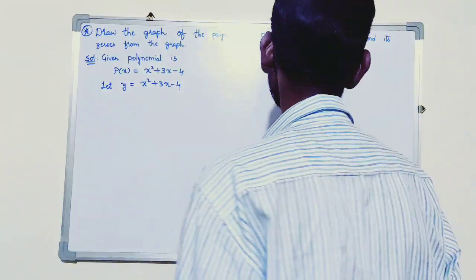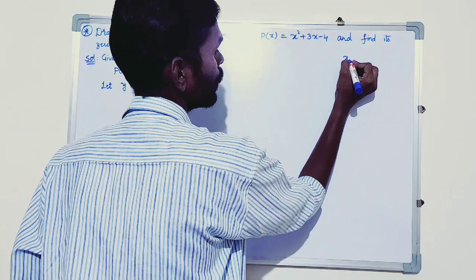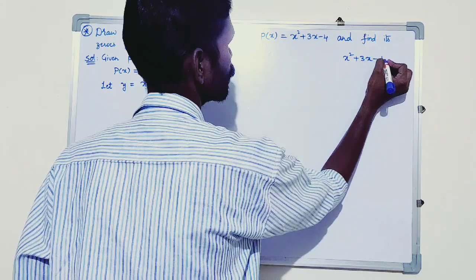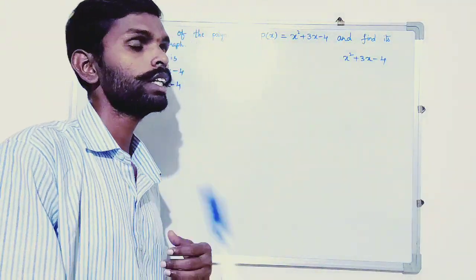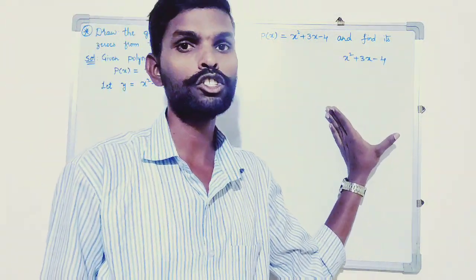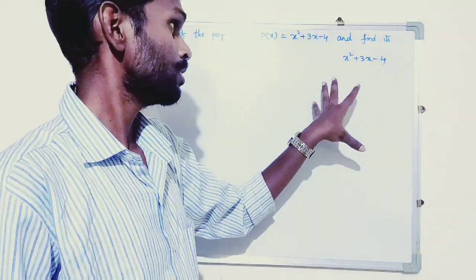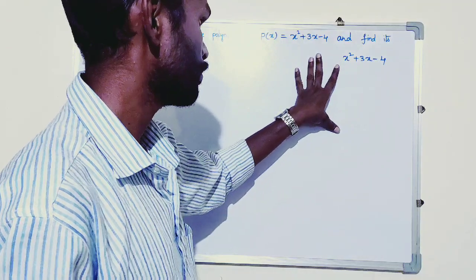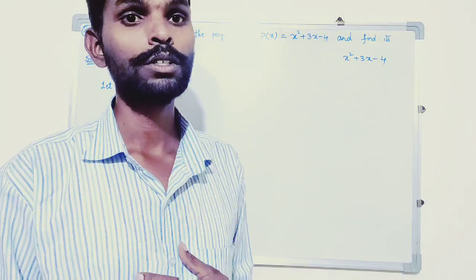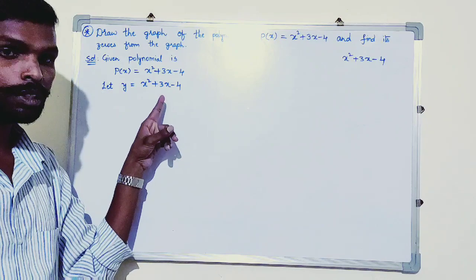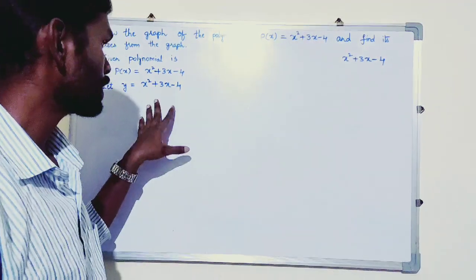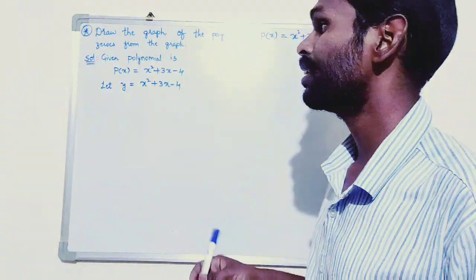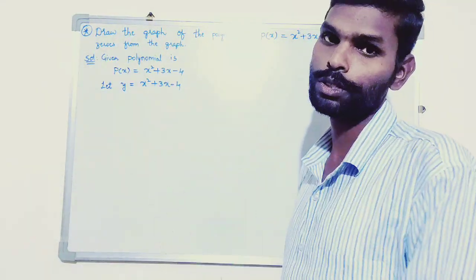Now you need to find the zeros roughly, x square plus 3x minus 4. But remember one thing, you should not do this method in the examination. It's just for your idea to get perfect values for zeros, because you can take any number of values for x in this case, but most of the students don't know what kind of values to take, up to what limit to take.